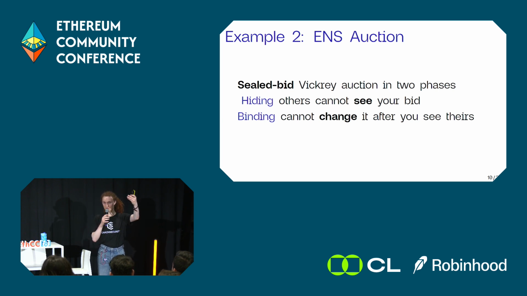They would have to put more than their bid in a smart contract to hide the exact amount. Then later people could reveal their bids, and the highest bid would get the name. Now the interesting thing with that is that it's not very capital efficient, because you have to lock your money in a smart contract for a while, and we're going to come back to that.